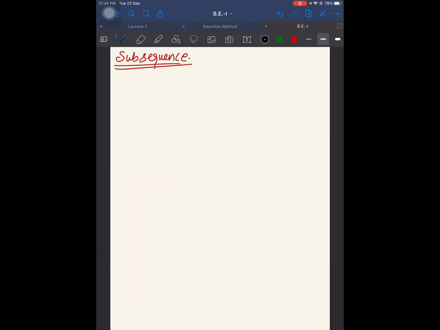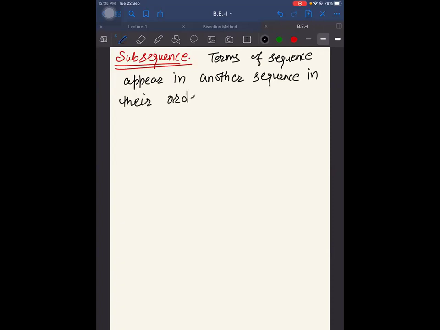It is terms of a sequence that appear in another sequence in the given order, in their order.